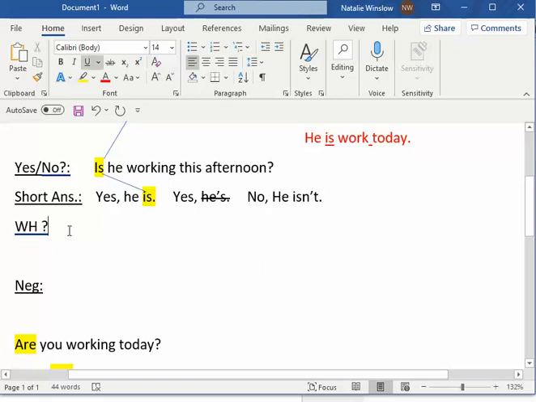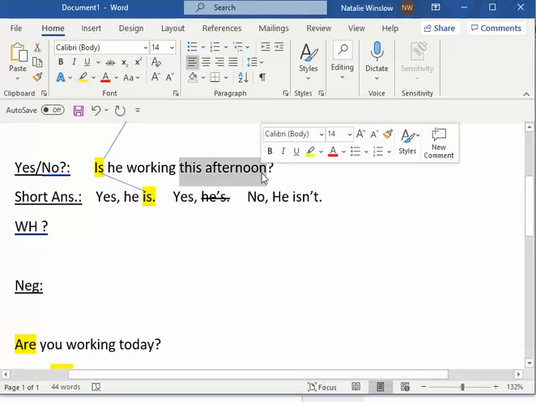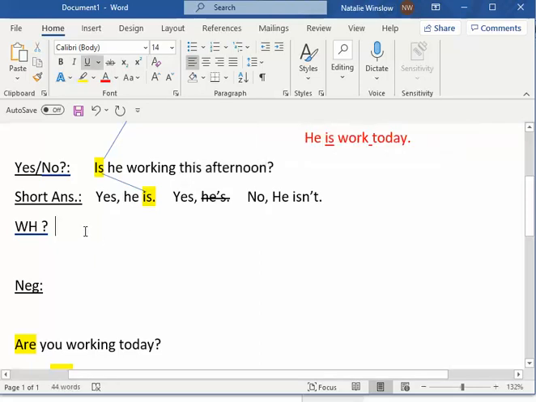WH questions. All right. So remember, WH question words are who, what, why, when, and where. So if I'm talking about the time here, I would ask a question with when.